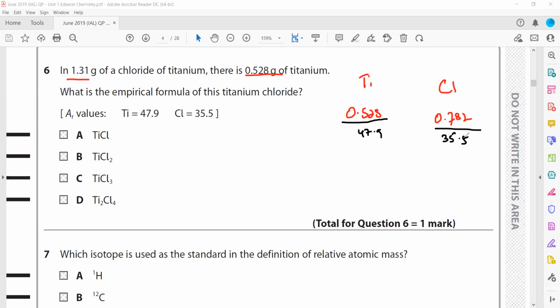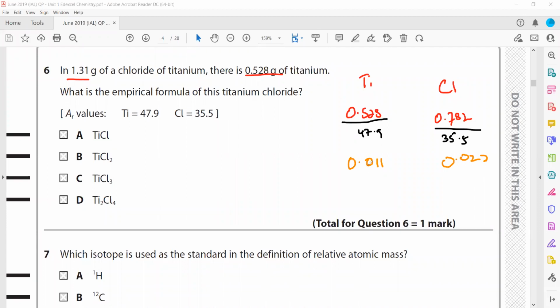So 0.528 divided by 47.9, and this one is 0.011.